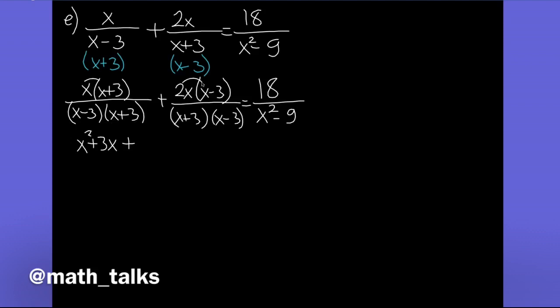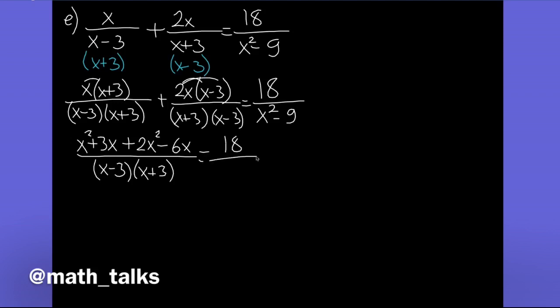So plus 2x squared minus 6x over x minus 3 times x plus 3 equals 18 over x squared minus 9. x squared plus 2x squared is 3x squared, and 3x minus 6x is minus 3x.